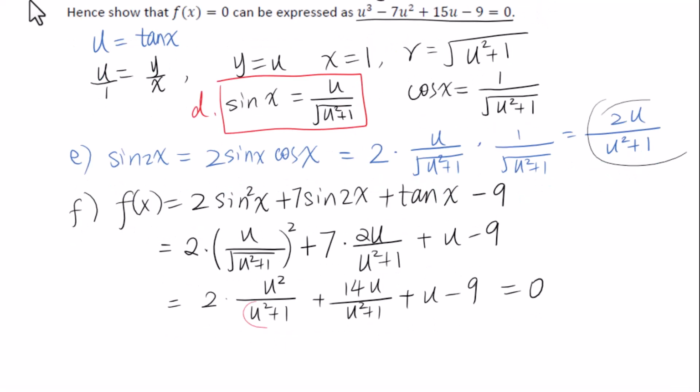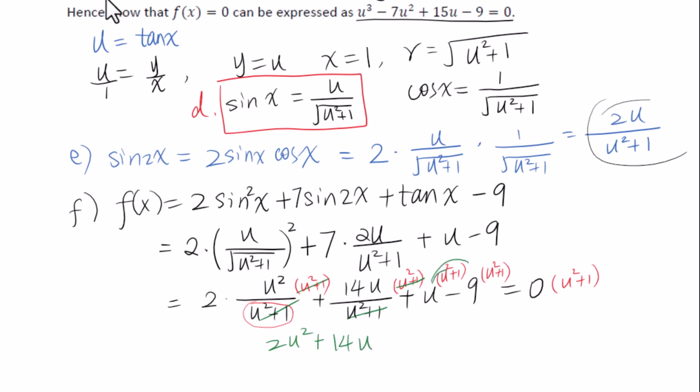Since we have a denominator u squared plus 1, multiply both sides of the equation by u squared plus 1. Then reduce, we have 2u squared plus 14u.